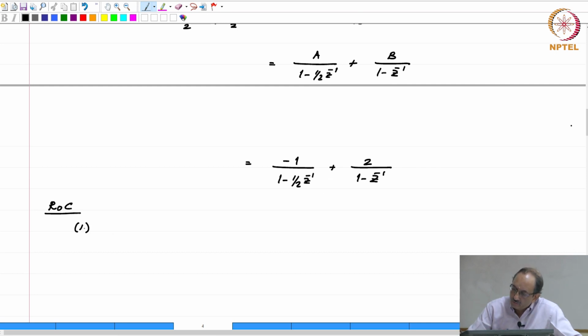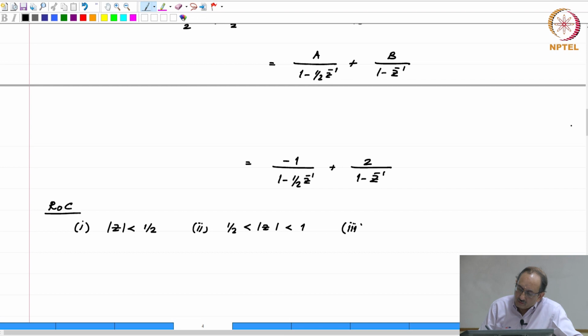So, you can have mod z strictly less than half, or you can have the ROC to be between half and 1, and the final possibility is mod z greater than 1, because you have a pole at half, you have a pole at z equal to 1, therefore 3 different regions of convergence are possible.